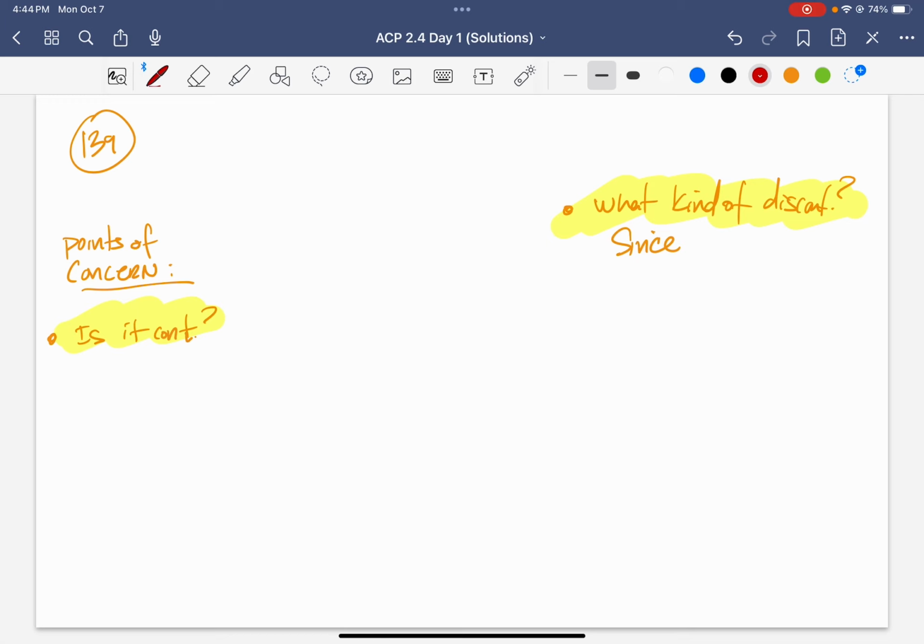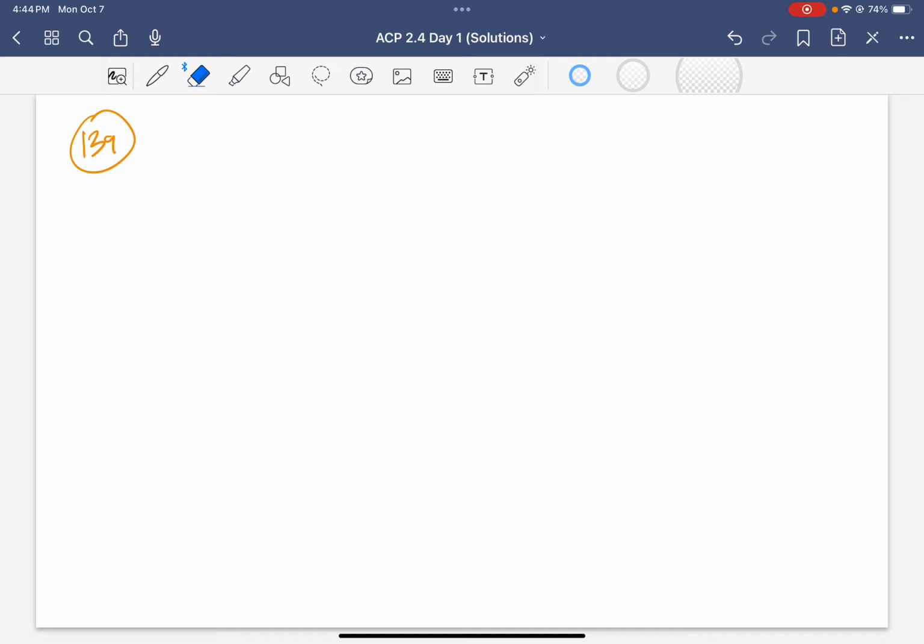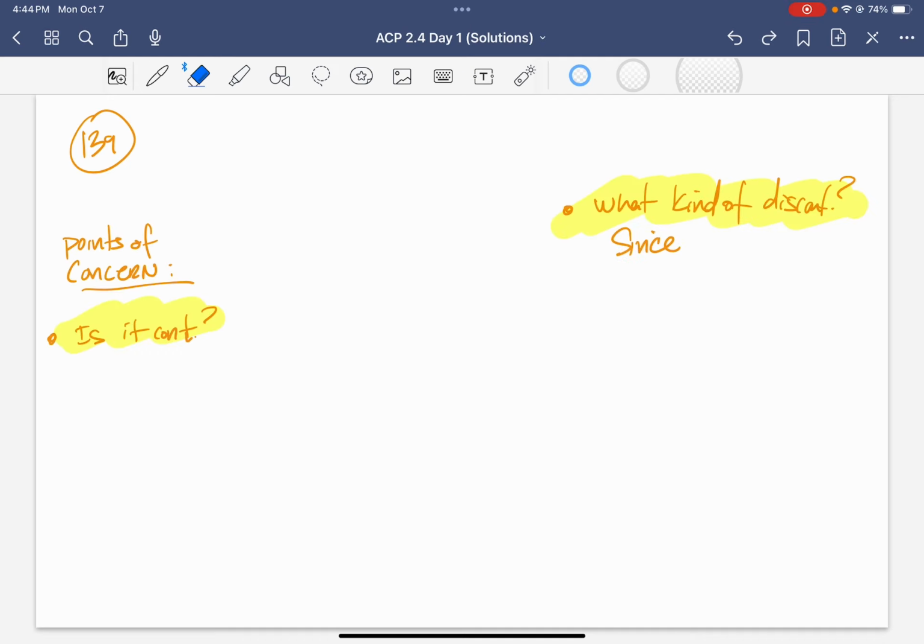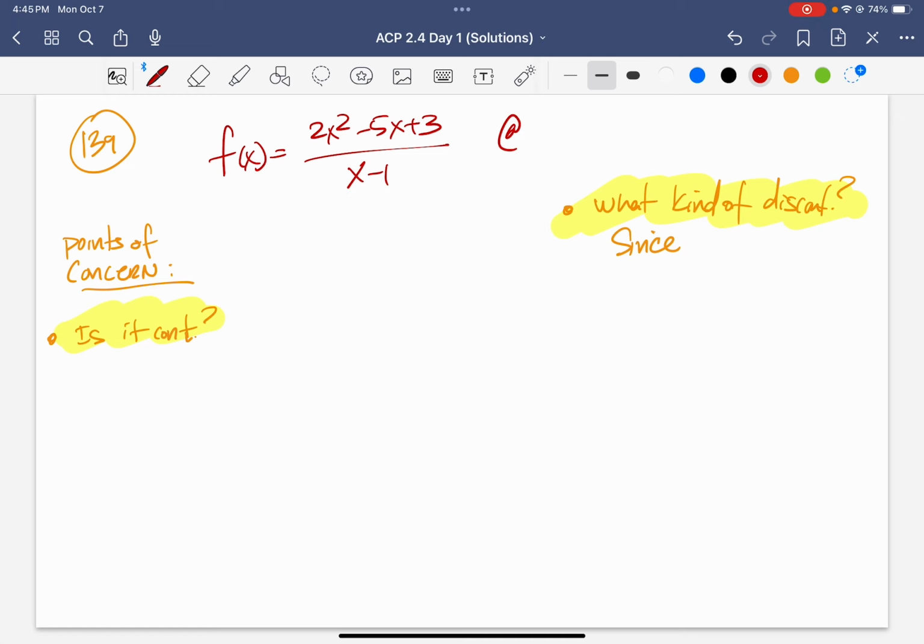139. Okay, so for 139, it says that we check out the function f of x is equal to 2x squared minus 5x plus 3 over x minus 1. And then it gives the hint at x equals 1.